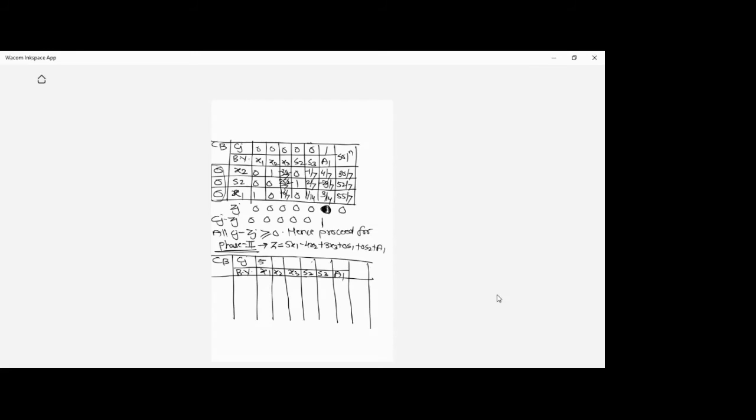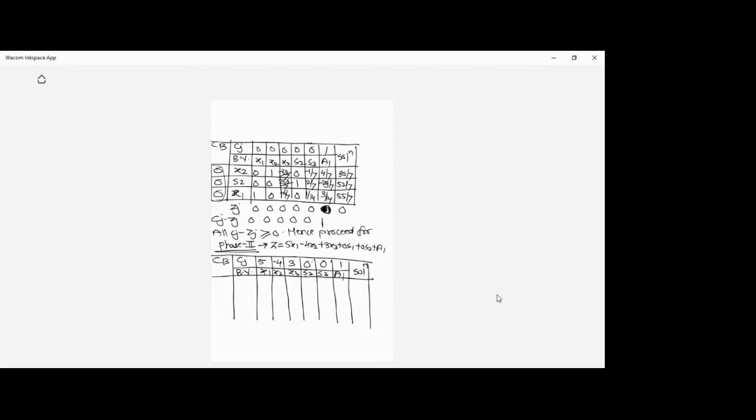Here it will be 5, here it will be minus 4, here it will be 3, here it will be 0, here it will be 0, and lastly we have 1. And then we have solution.